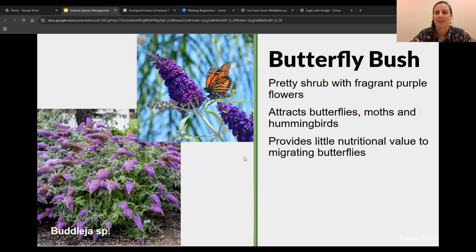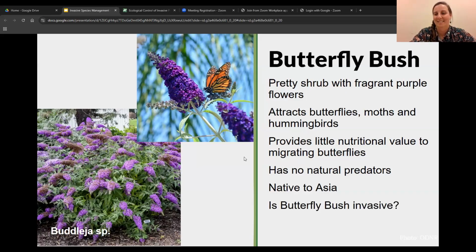So the monarchs come by, and like I said about the honeysuckle berries, same idea with the migrating butterflies. It's kind of like a snack food. They love it, but it doesn't give them all the nutrition they need. And it's got no natural predators. So none of the bugs in our area are really going for this one. It's native to Asia. So do we think this one is invasive or not?